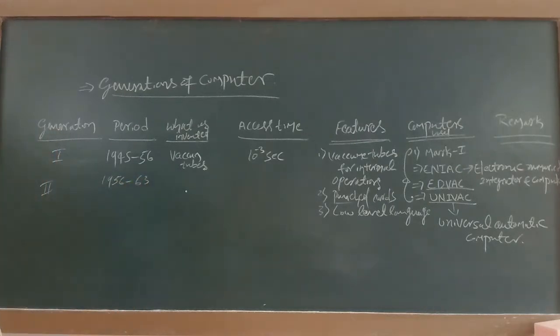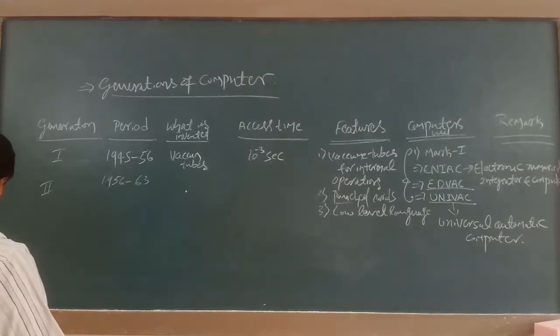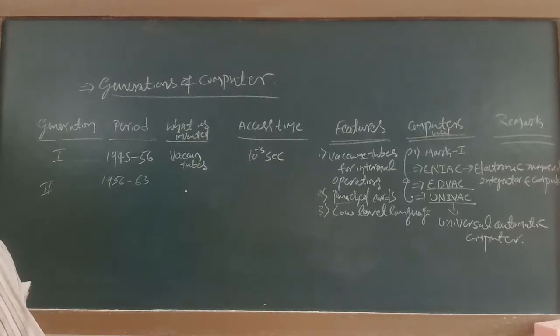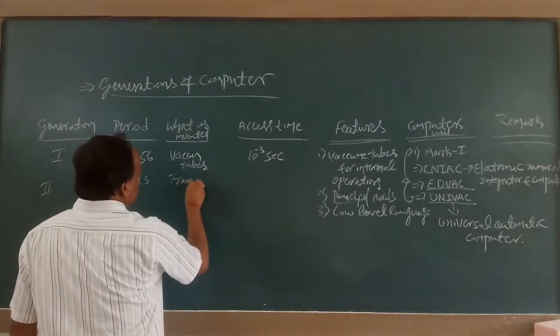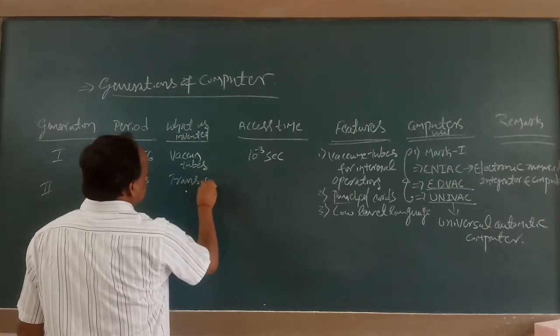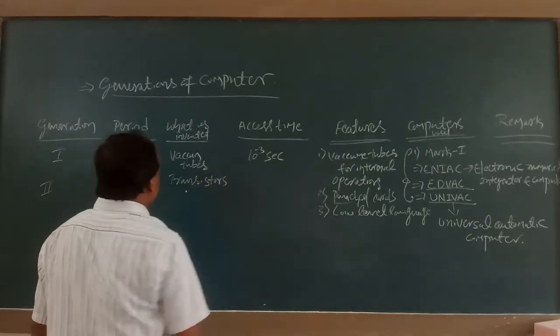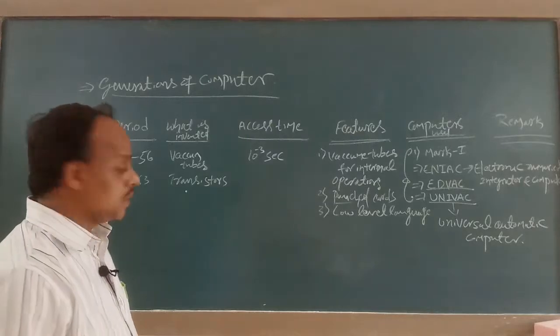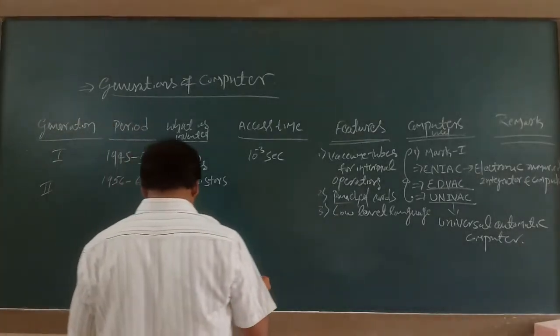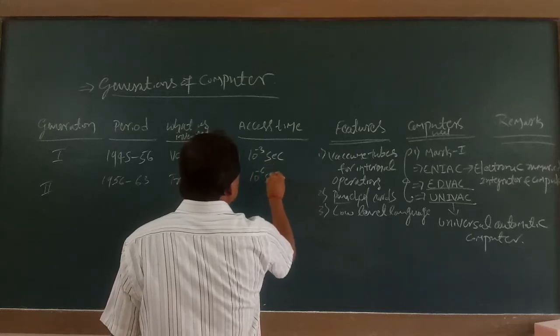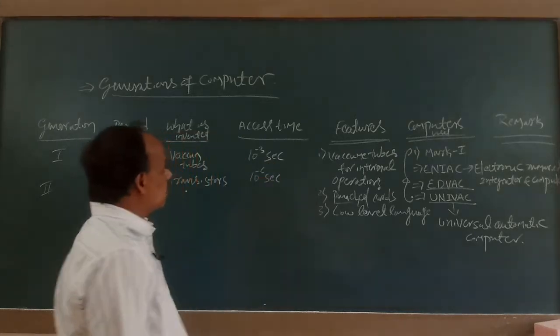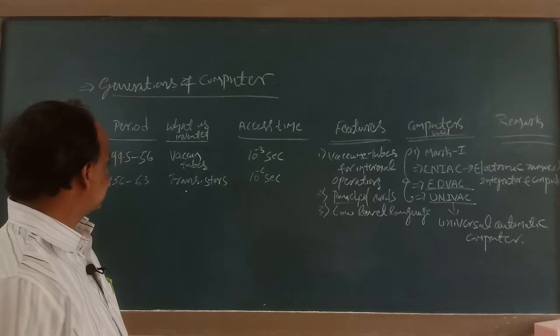So here in the second generation we can observe transistors are used. Transistors are used and the accessing time is here 10 to the power of minus 6 second.